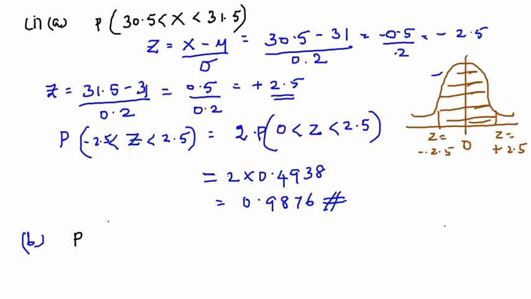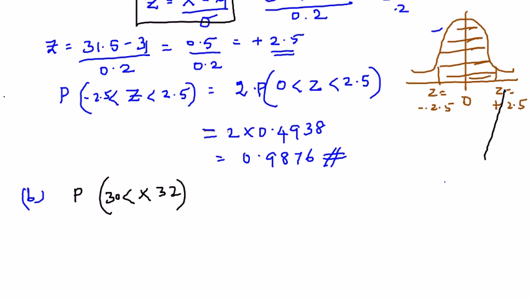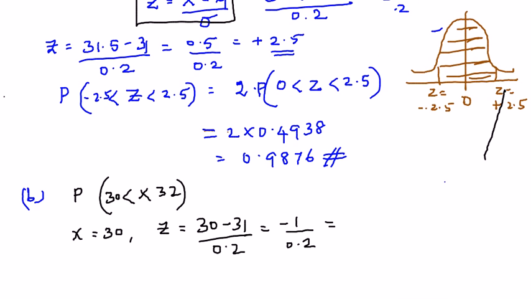Probability that the pressure is between 30 and 32. Likewise, substitute in the same formula. I've just substituted it in the formula. When x is 30, the value of z is going to be minus 1 by 0.2, which is going to be minus 5.